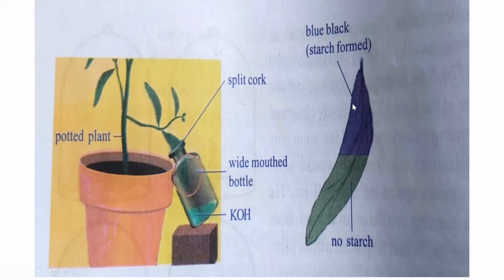The part of the leaf which is outside the bottle turns blue-black, but the part which is inside the bottle does not show any change in color. The iodine test is to confirm starch. Iodine turns starch into blue-black color. So this part contains starch. No change in color means there is no starch in the leaf.